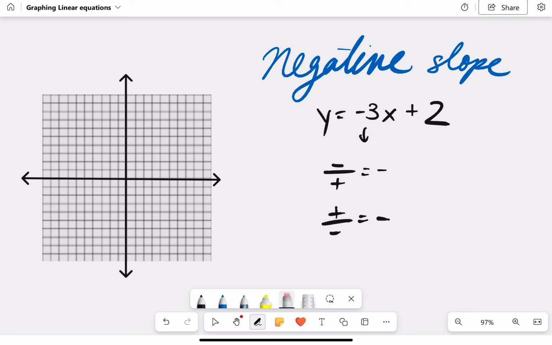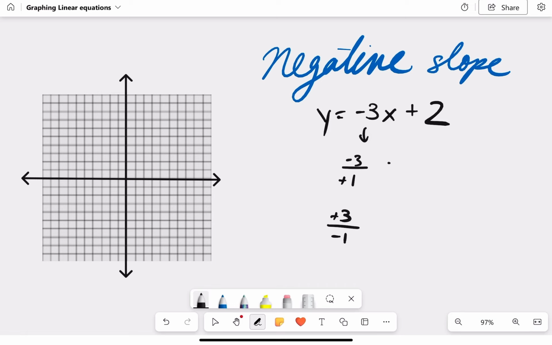So now for our negative slope, they can't match. We need to have something positive on the top and something negative on the bottom. Now, we know for sure that negative 3 could be done as negative 3 over 1, right? Because any number over 1 is itself. So, you see, we already have the negative on top and then the positive on the bottom. So, negative 3 over positive 1 is also equal to positive 3 over negative 1.